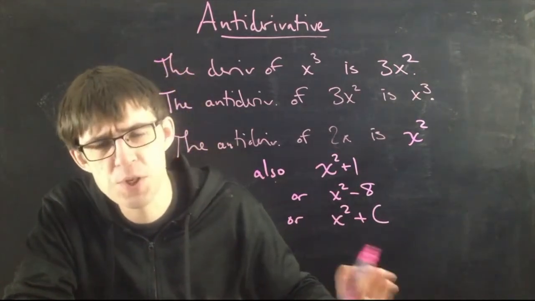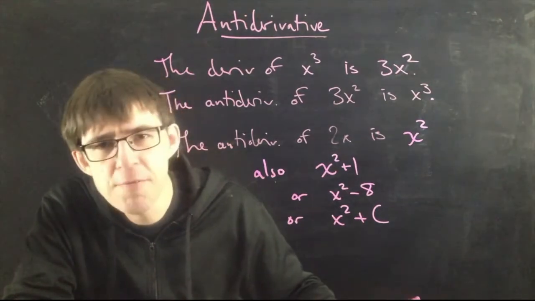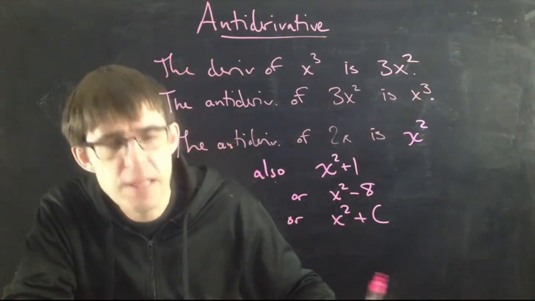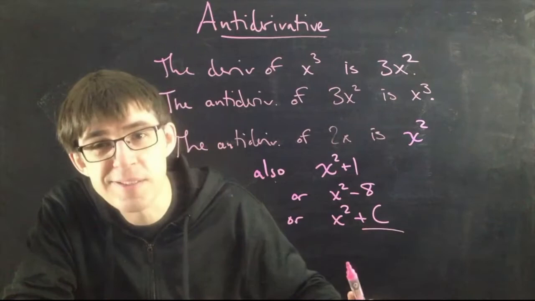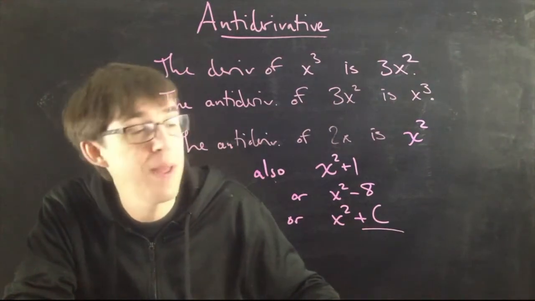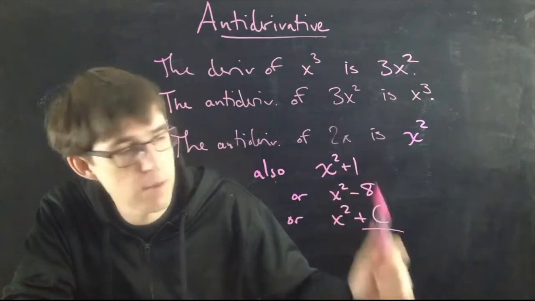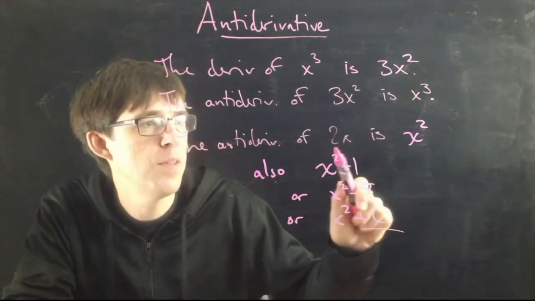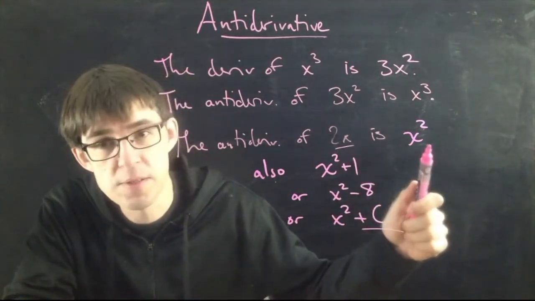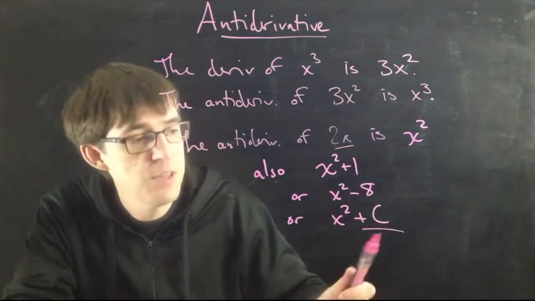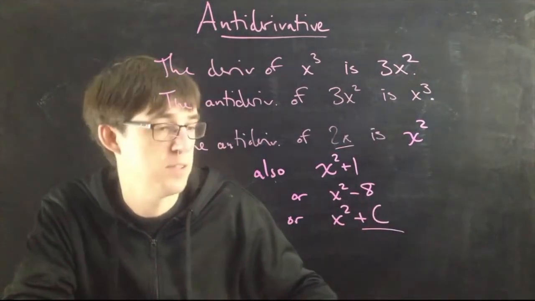This is a pain which hopefully you will get used to. Every time you do the antiderivative of anything, you will always write plus c at the end. That's just the way it goes, because antiderivatives are not unique, right? Given one thing, there are always different ways that you could make antiderivatives. They just differ by constants, though.